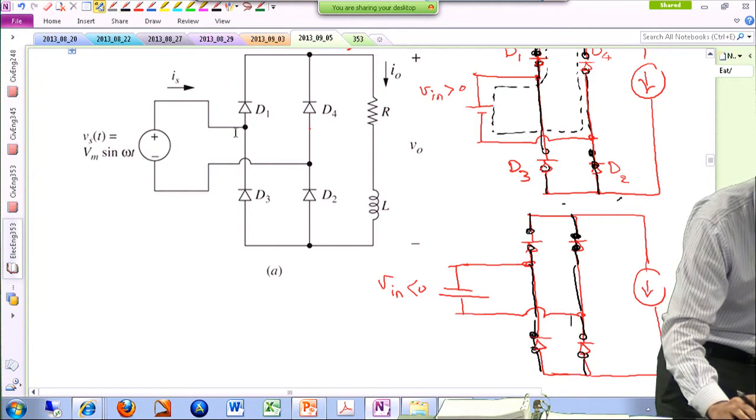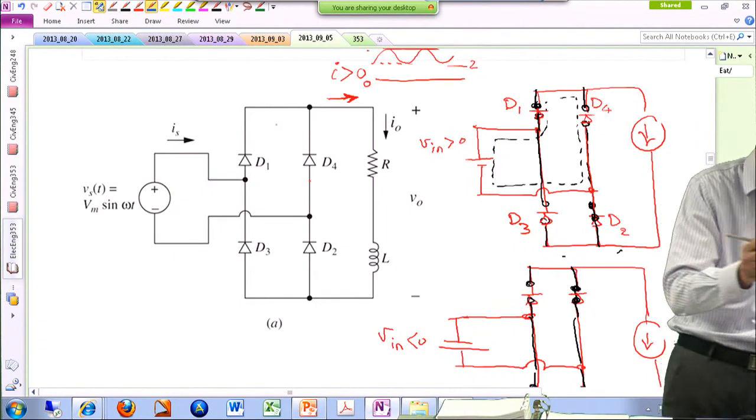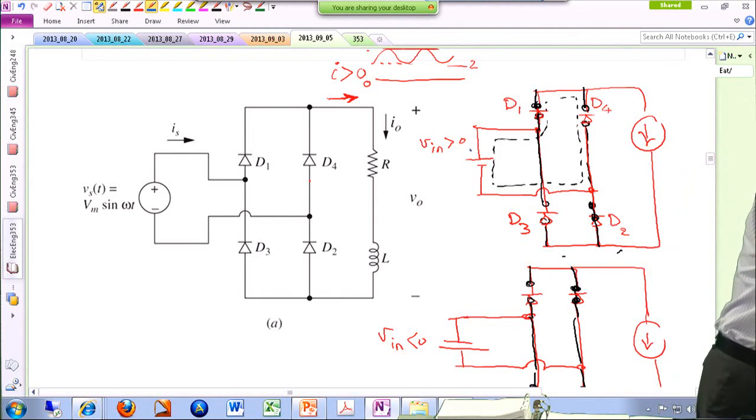So technically, if you want to follow the path of the current, or how the output current is flowing, in the positive case the output current is coming from the source, going through D1, going through the load, going through D2, and coming back.